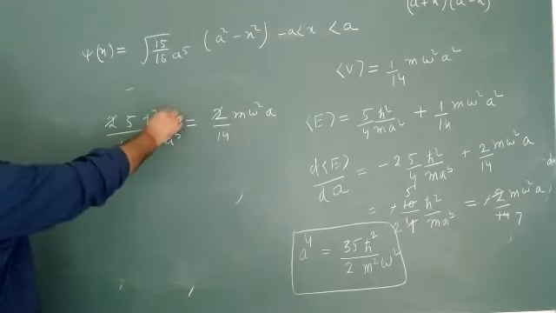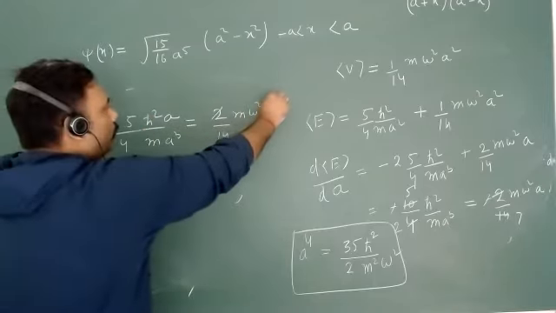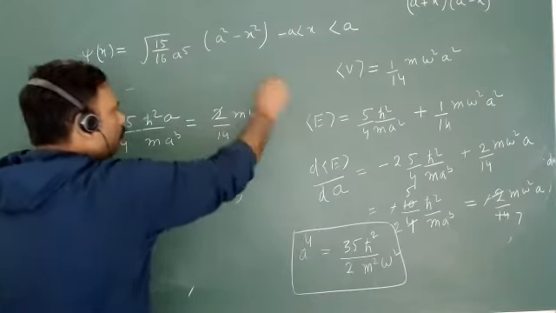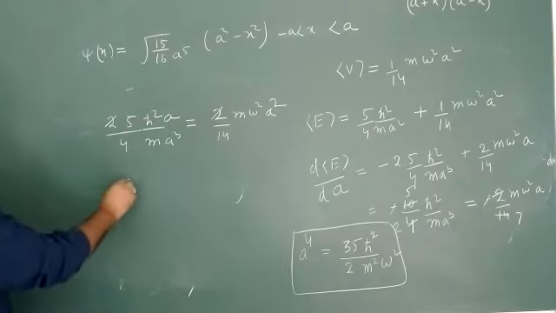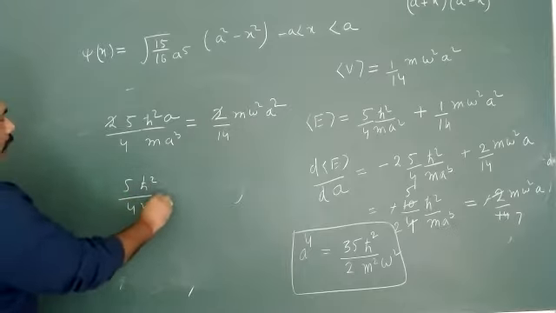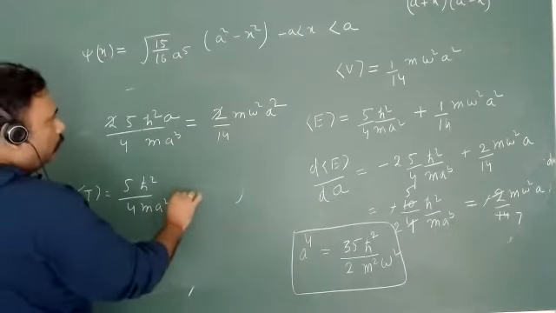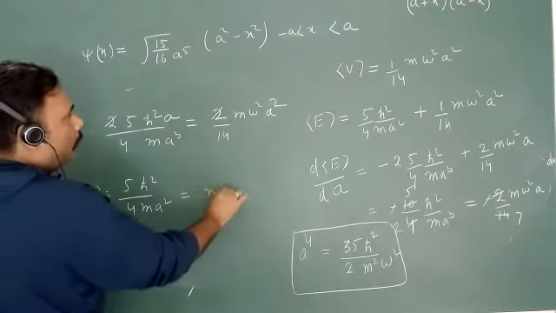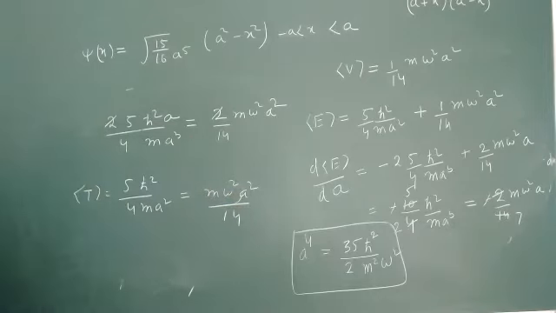I have to multiply with a here and a here, so this will be a square. So this value is 5 h cut square upon 4 m a square, my kinetic energy, and that value is equal to m omega square a square by 14.